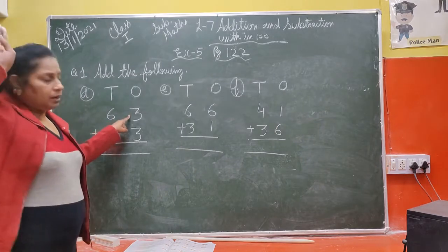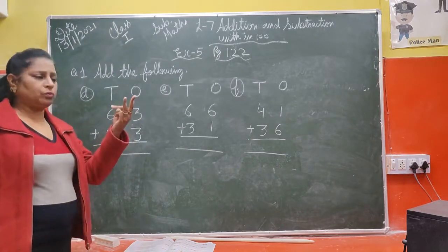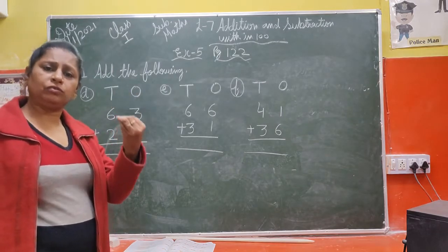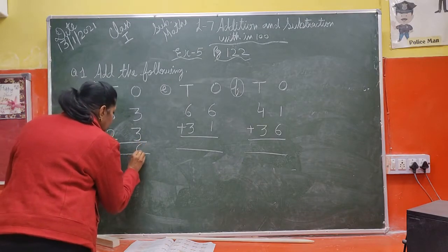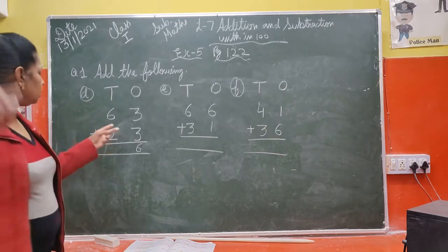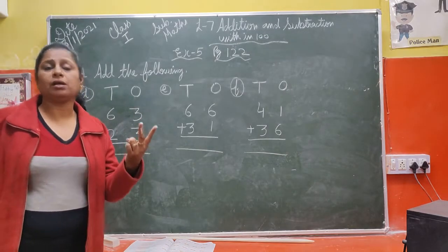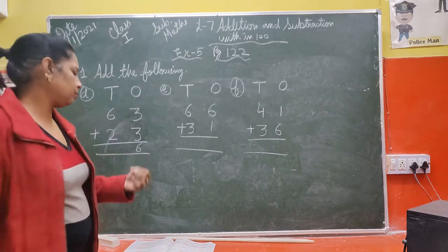3 in my mind and 3 in my finger. After 3, 4, 5, 6. So right answer is 6. Okay, 6 in my mind and 2 in my finger. After 6, 7, 8.